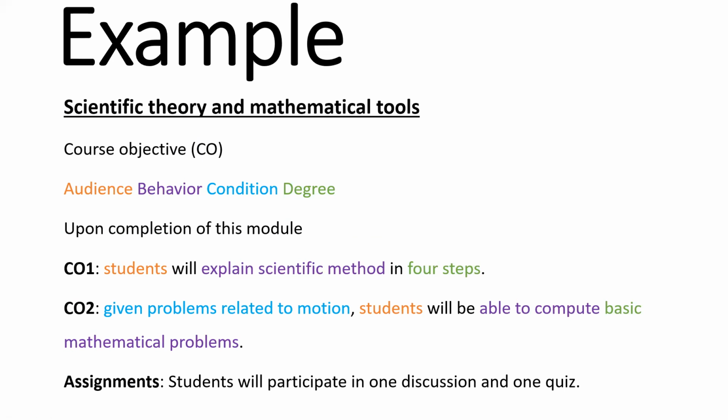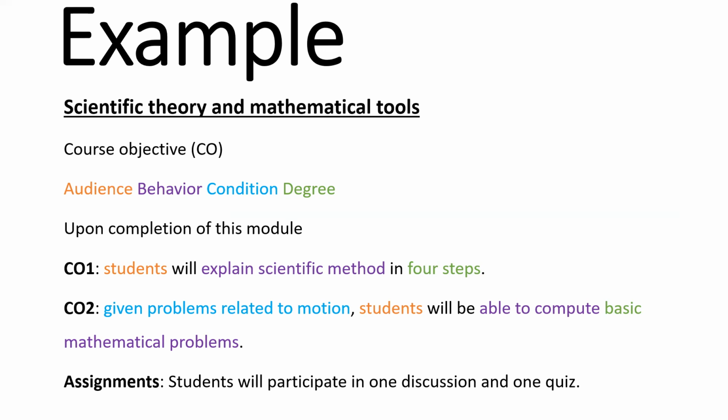So here is a beautiful example I have written down after so many hours of study about this module, and I wrote the course objectives for scientific theory and mathematical tools. See here, I categorized different components of the ABCD model by different colors: the audience, behavior, condition, and degree.